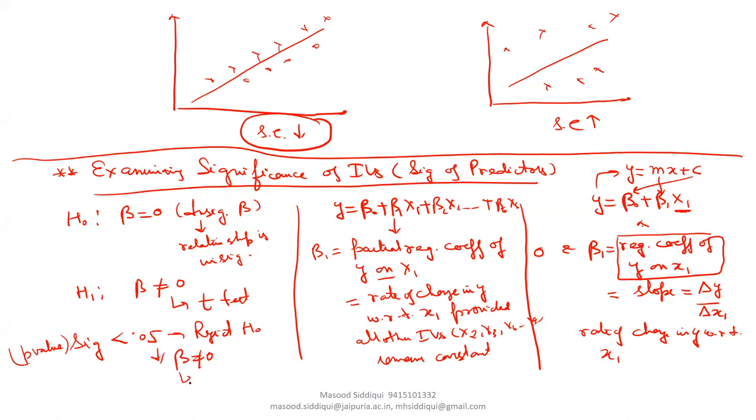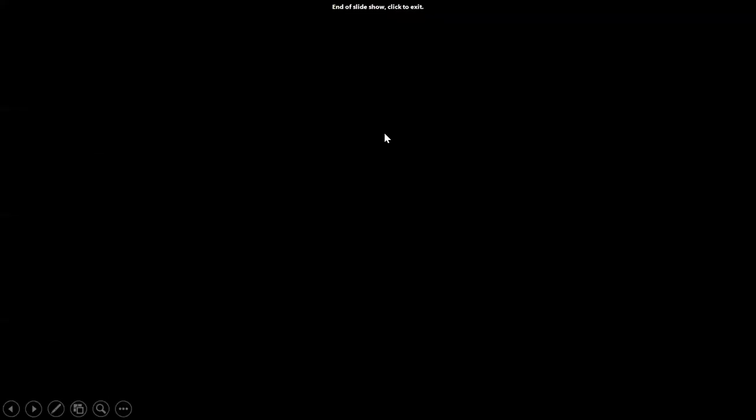We can say that the considered predictor is significant in nature. So we simply look for all those predictors having p-value or significance less than 0.05, and they are all taken to be significant. Okay. So let me have one more slide.